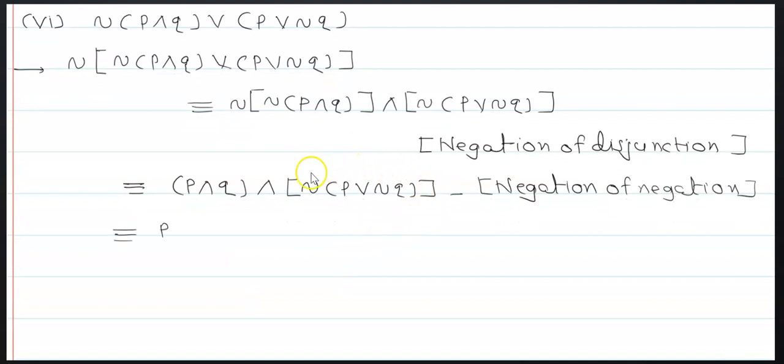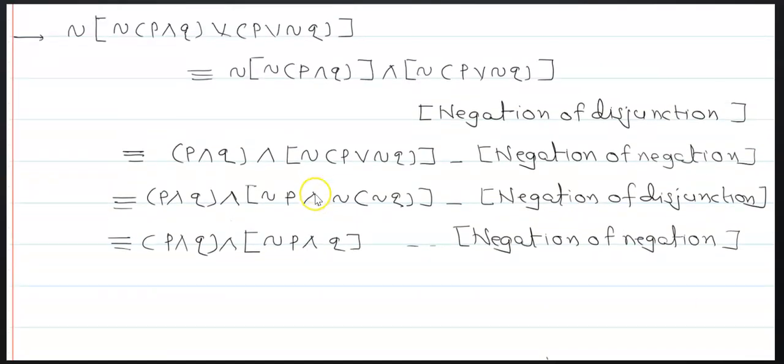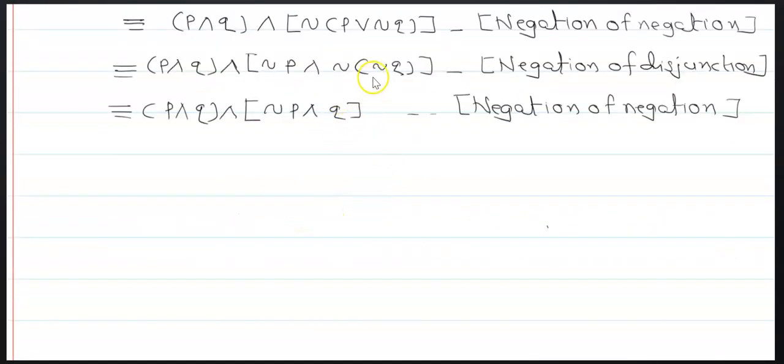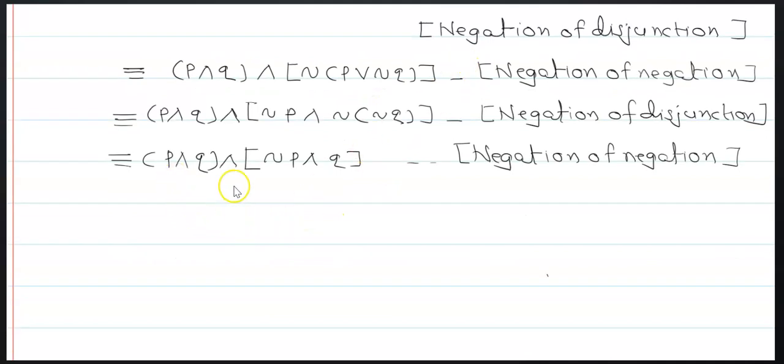Now here we will apply the negation. That is P and Q and negation of P, negation of negation Q. That's we get P and Q and negation of P and Q.